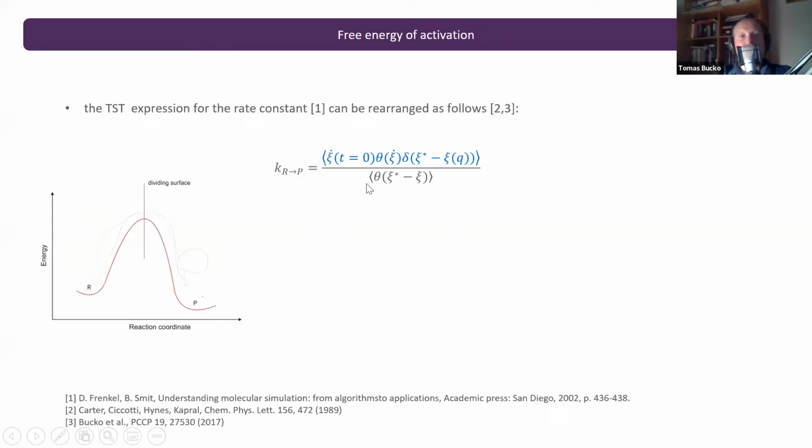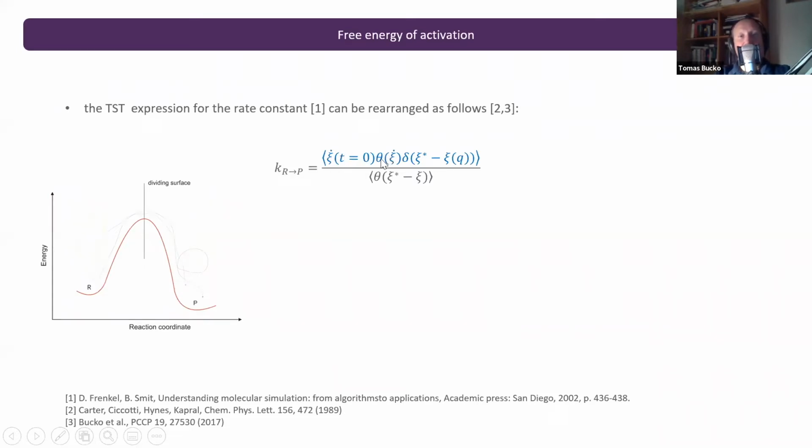What you see here is basically the partition function of the reactant, so everything to the left of the transition state, psi asterisk. In the numerator, you select transition state configurations and average over initial velocities of psi such that they are positive.